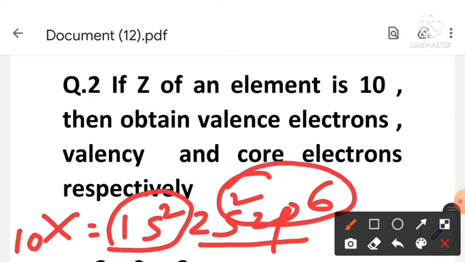Here the valence electron is that, and 1s2 in which electrons are present is the core electron. So we have to derive valence electron and core electron, and after that we know how to derive valency. We saw it in the last video, so you can easily solve this question.